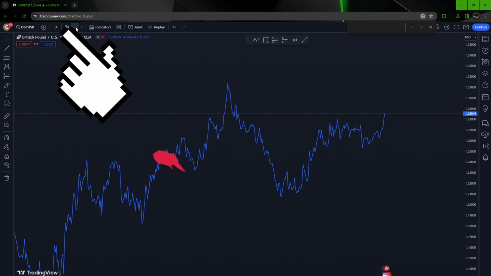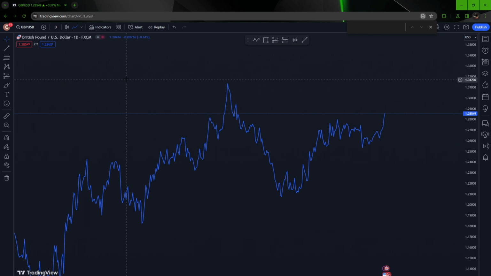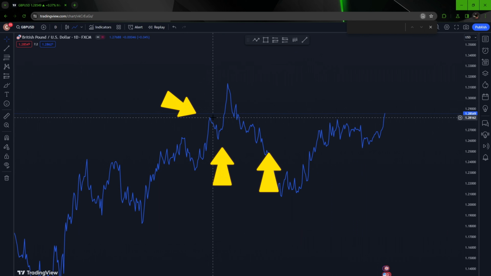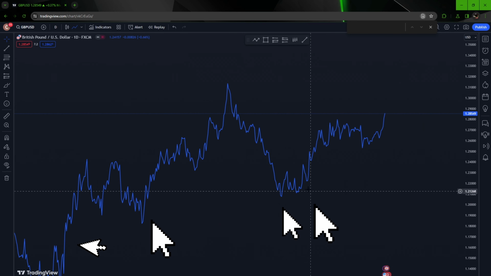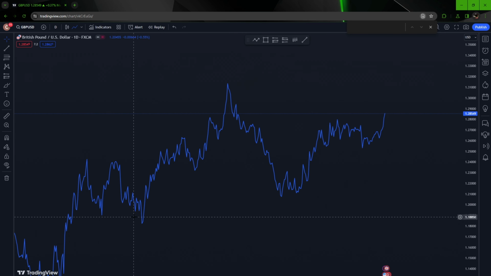Why do we do this? Because lines give you the exact points and endings that you need. So what do I refer to as points? Well, it's the actual highest price on that particular day or the actual lowest price on that particular day, those are the points.